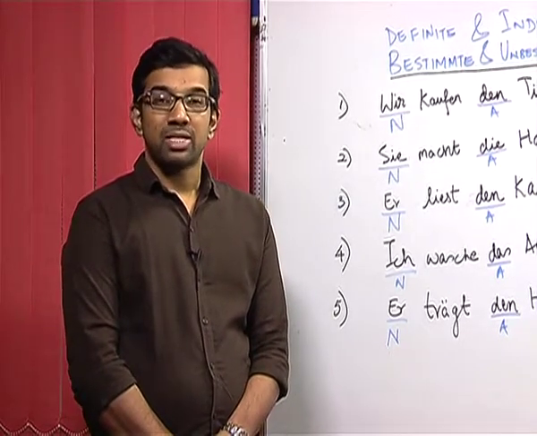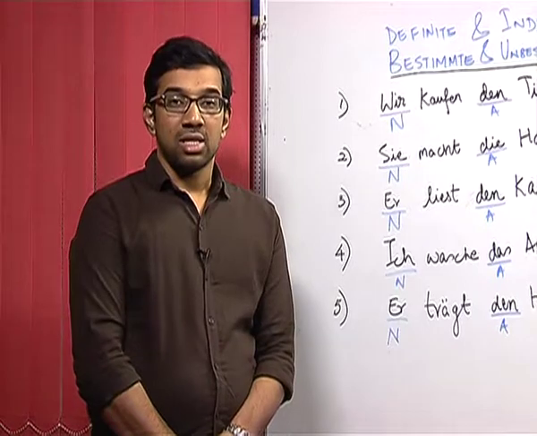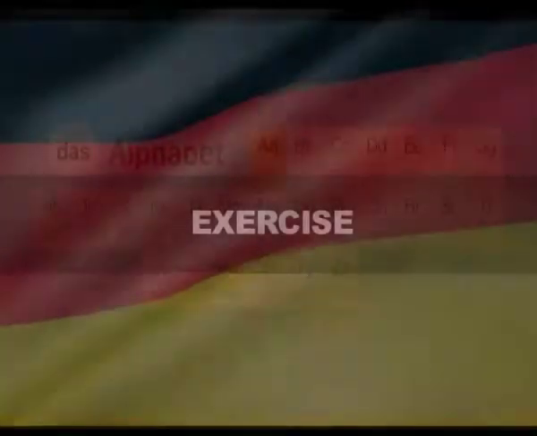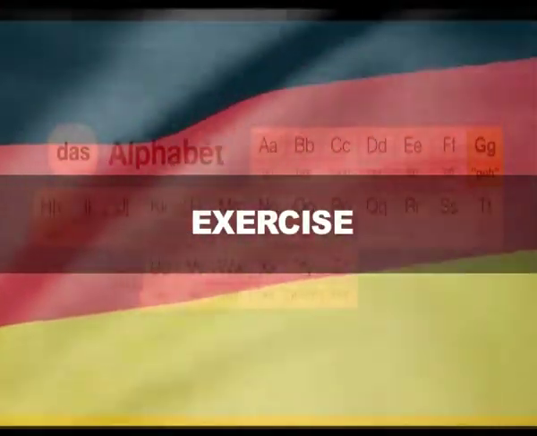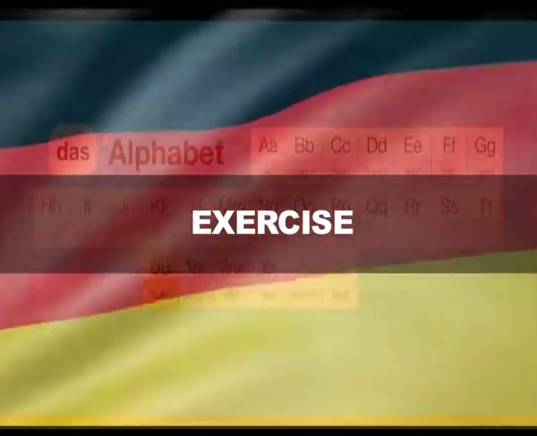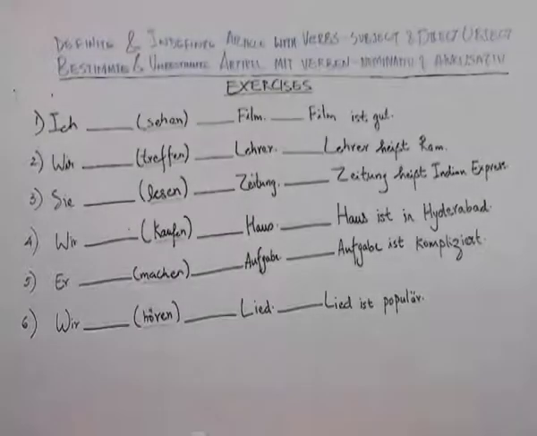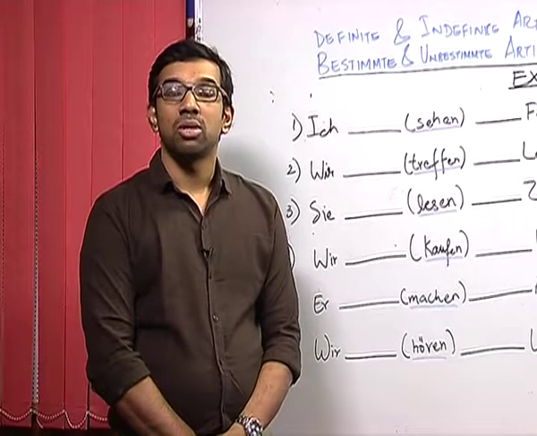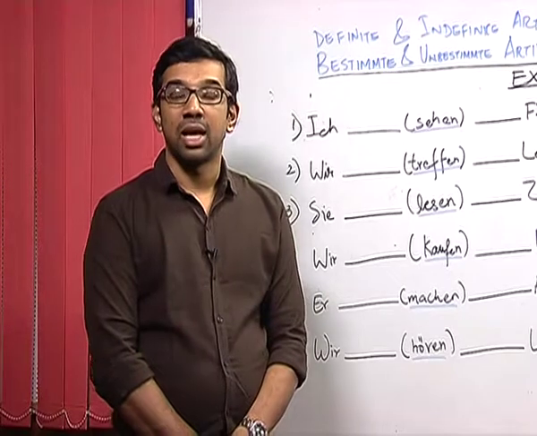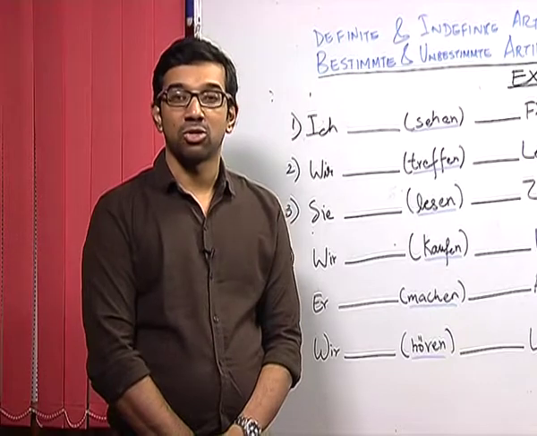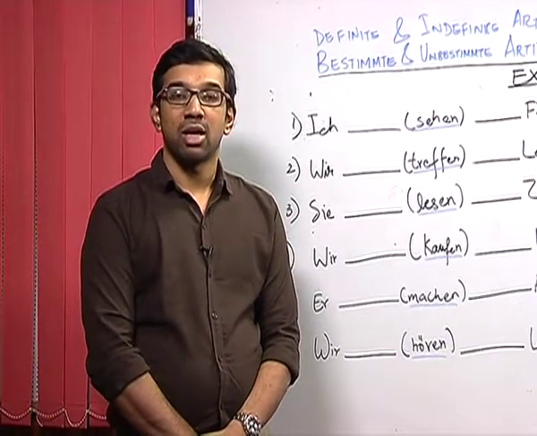Now, we will do some exercises and then see how we can learn this concept better. After this exercise we would see whether the answers are right or wrong. For the exercise, our student is here.